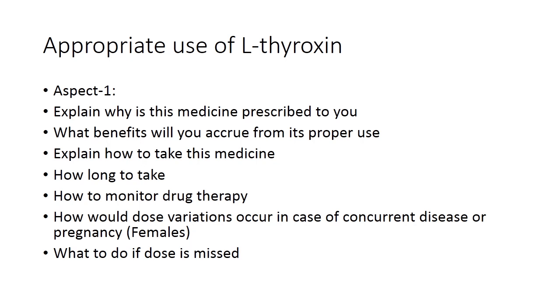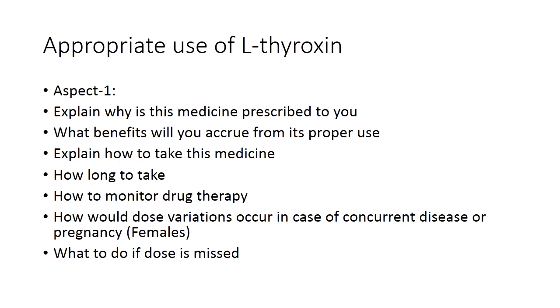Now let us look at the appropriate use of L-thyroxine and how we can use ethics and empathy during communication about appropriate use of L-thyroxine by a patient with hypothyroidism.